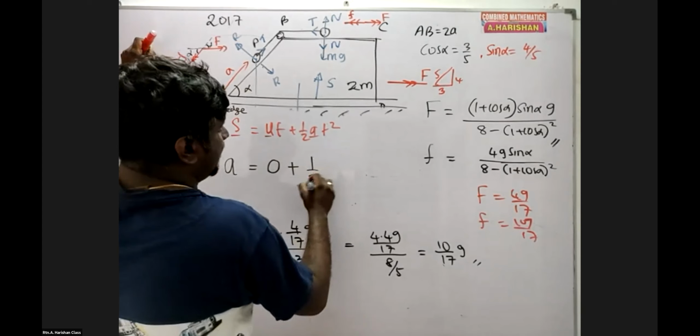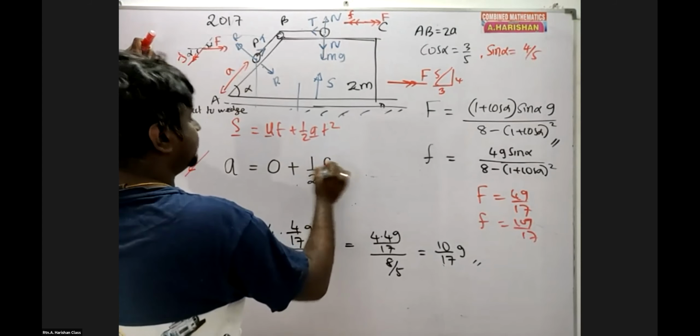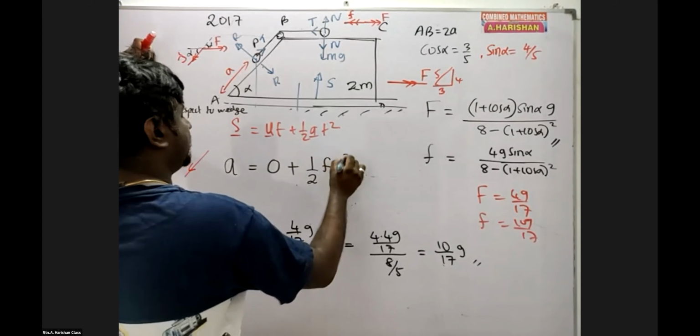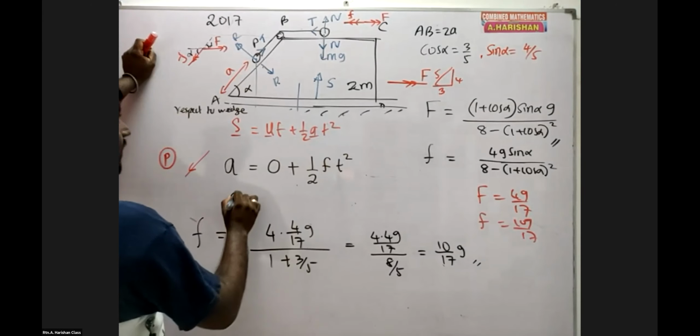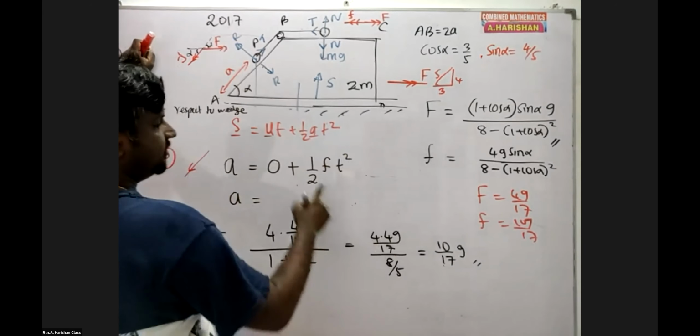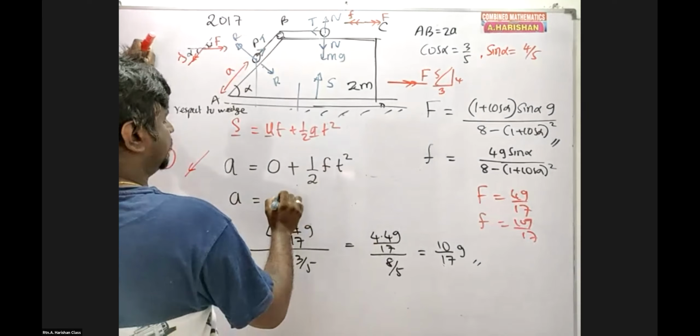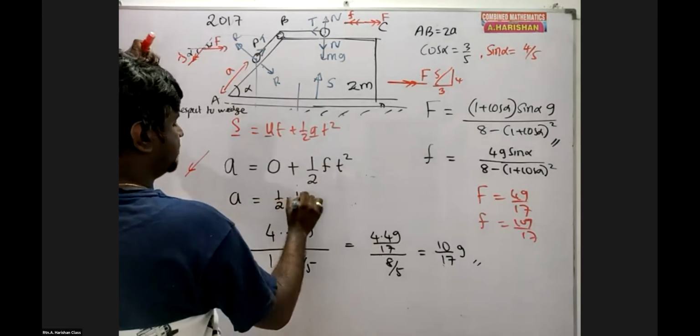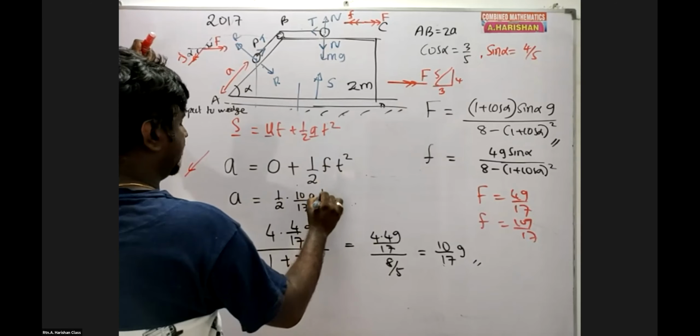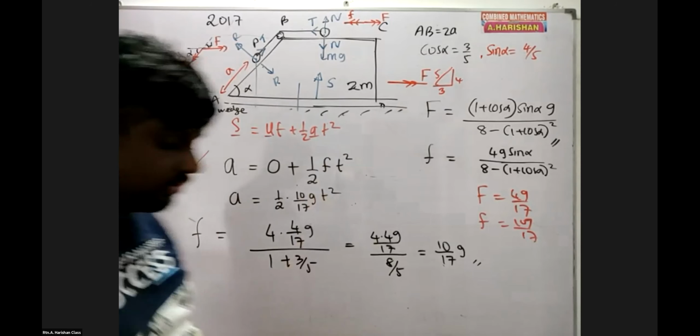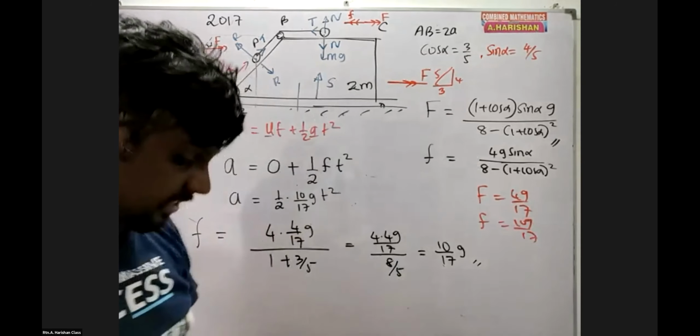So a equals half simple f t squared. So a equals, simple f is 10 by 17 g, so half into 10 by 17 g t squared. I don't know whether it's correct or not. Let's see, we'll check the answer.